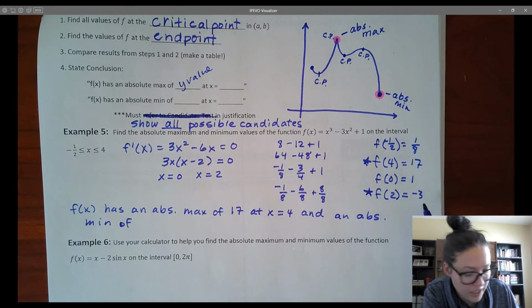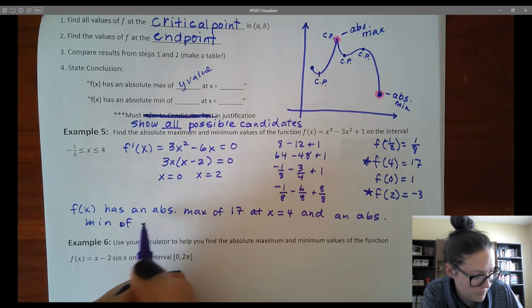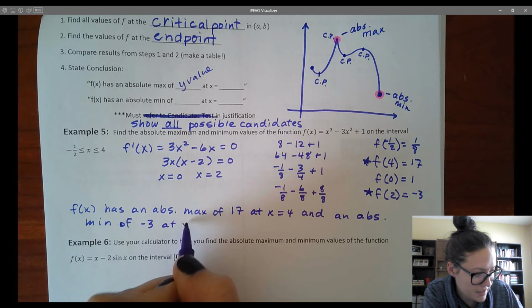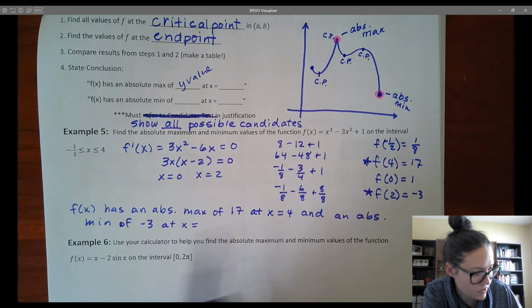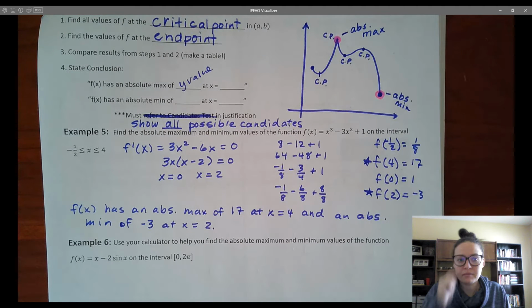And that would be the whole problem. So that's basically it. We find the critical points and plug those values and the endpoints into the function, and you're figuring out which one's the biggest, which one's the smallest.